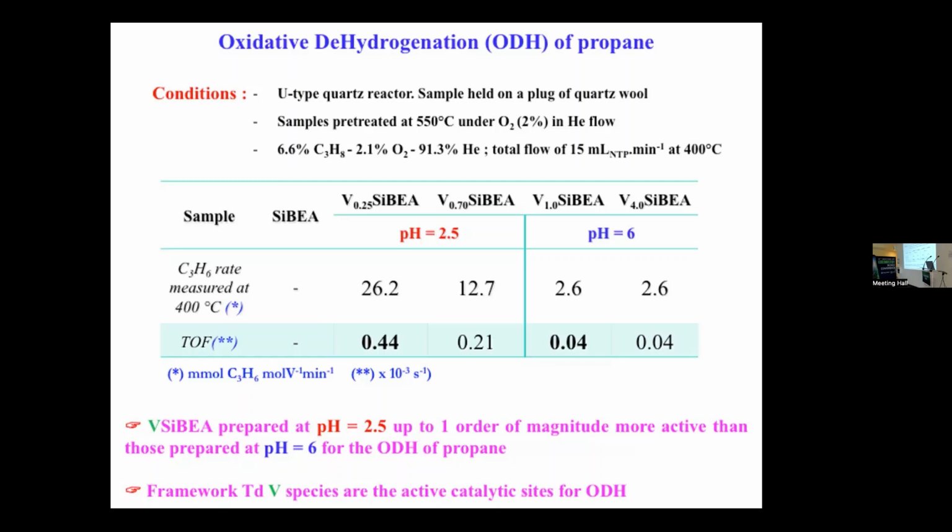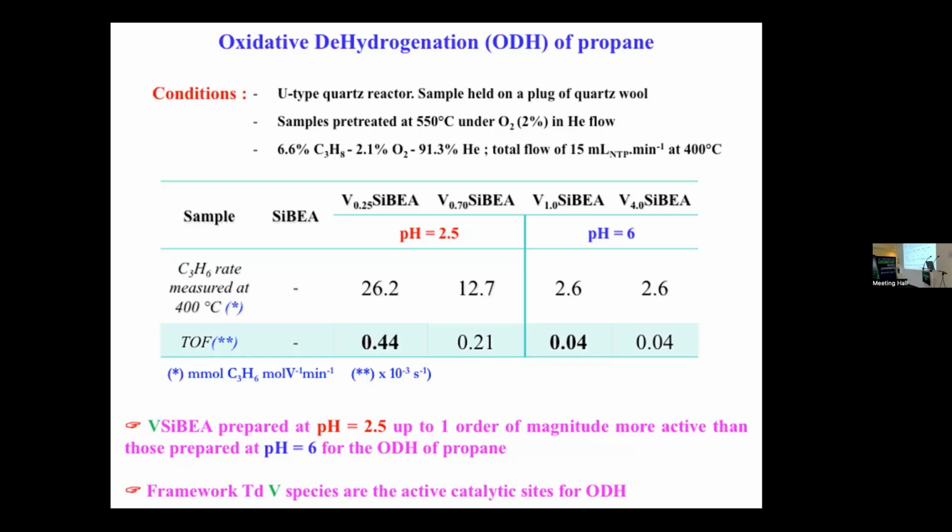Also, turnover frequency is 10 times higher than in the case of preparation at pH 6. So it means that in this case, we have only tetrahedral vanadium species in the zeolite. Here, in this case, we have tetrahedral and octahedral vanadium species.